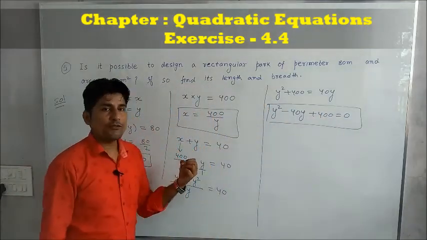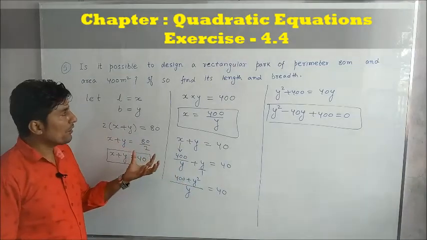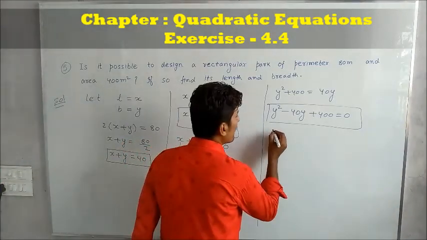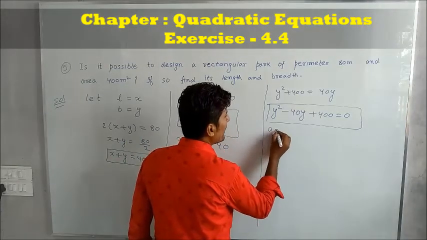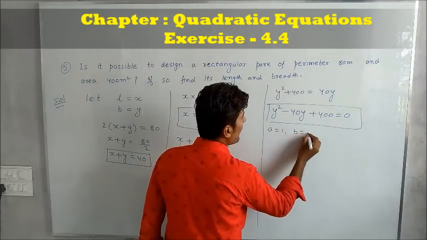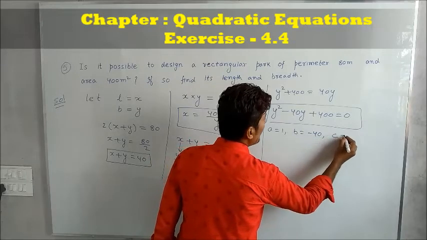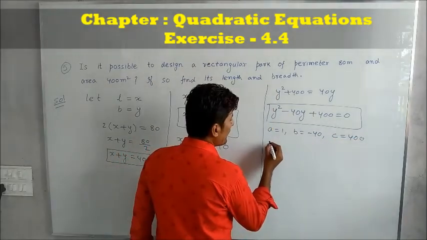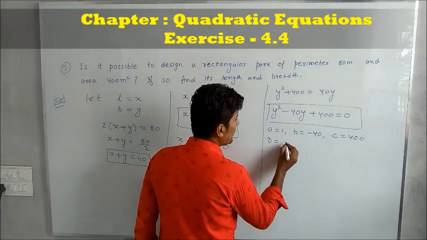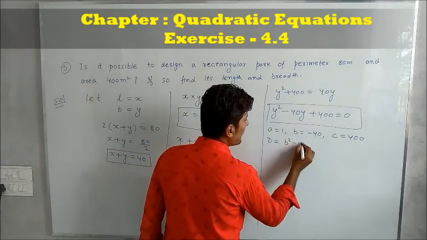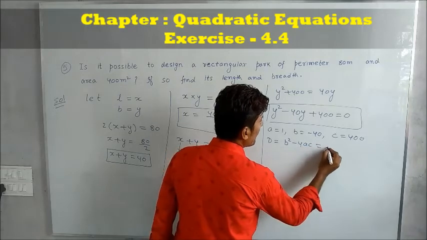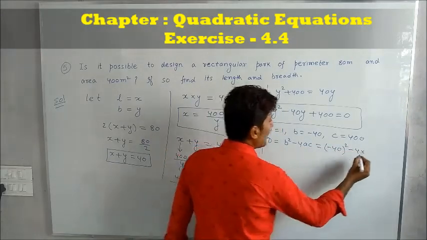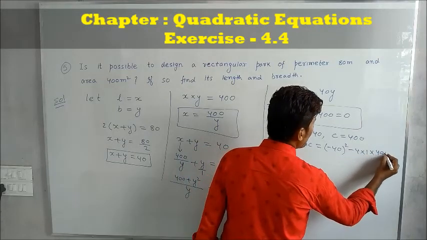After that we have to check whether the roots of this equation are real or not. So we will find the value of d. The value of a is 1, the value of b is minus 40, while the value of c is 400. As we know, d equals b square minus 4ac, which is minus 40 square minus 4 into 1 into 400.